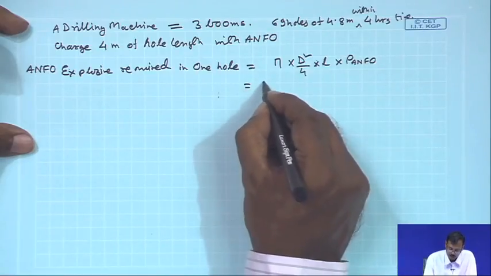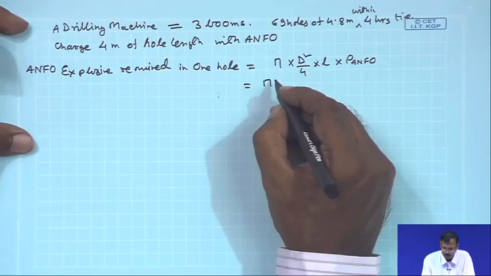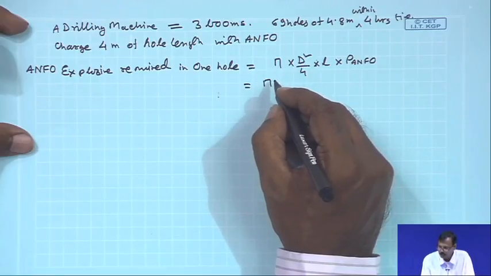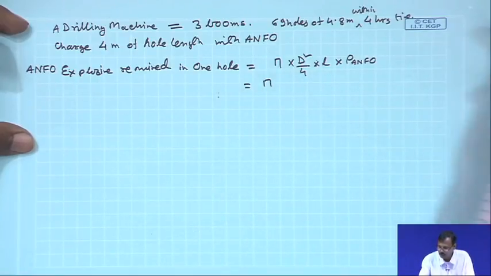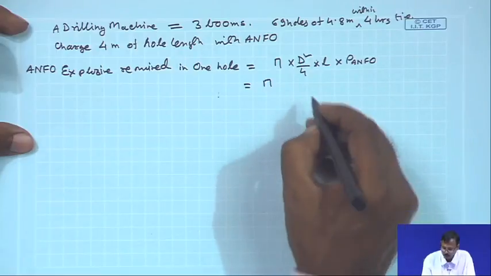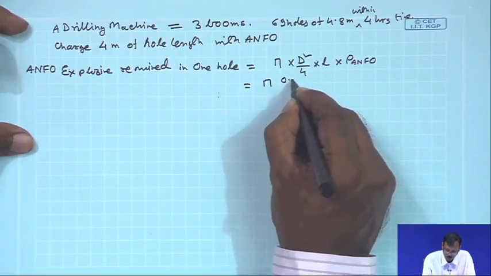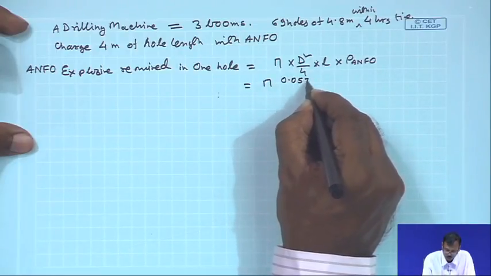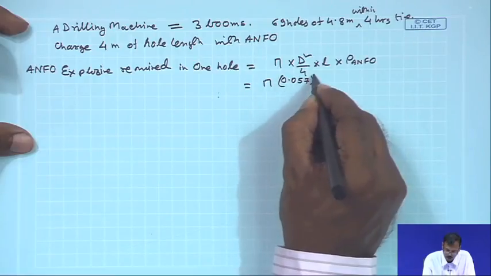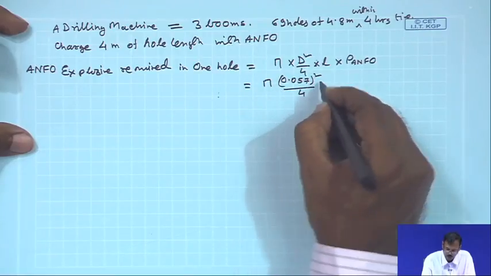The drill hole diameter is known to us, that is 57 mm, so it is pi into 0.057 meter square divided by 4.